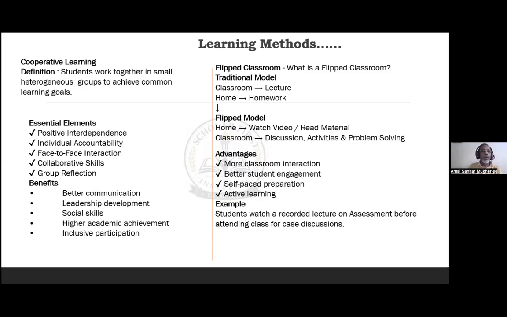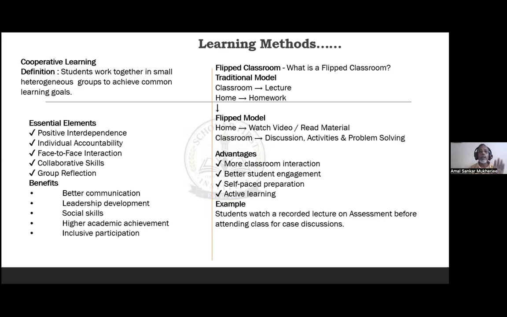What are the essential elements in cooperative learning? Positive interdependence, individual accountability. Each and every student gets focus and importance in the process of teaching, so individual accountability is there. Face-to-face interaction is possible. Collaborative skills are there. And of course, there is group reflection.